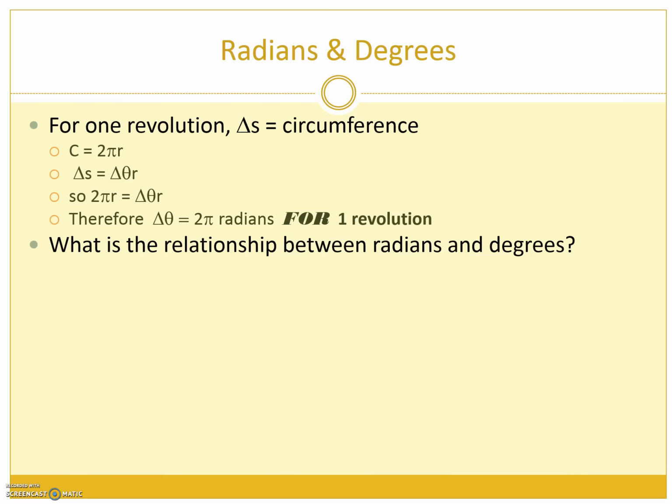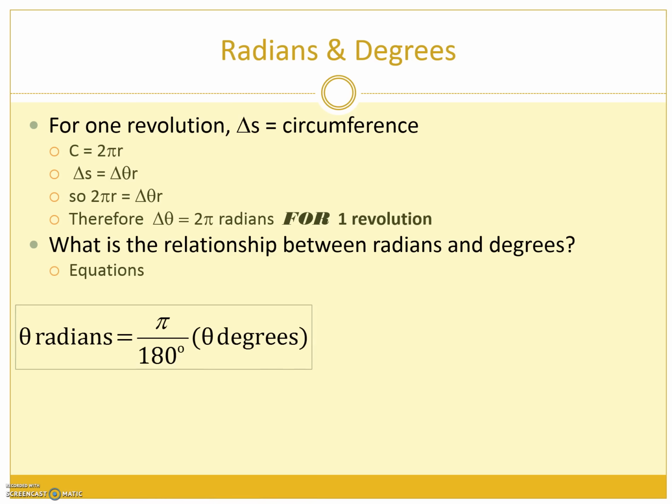What's the relationship between radians and degrees? Well, we've got two equations depending on whether we're converting from degrees to radians or from radians to degrees. So let's look at our first equation. If we're given the angle of a circle in degrees, we would take that value and multiply it by pi, divide it by 180, and that would give us that angle in terms of radians.